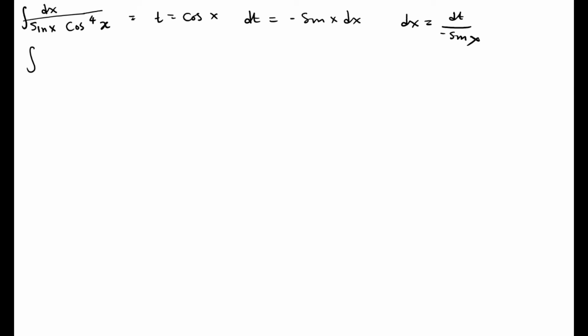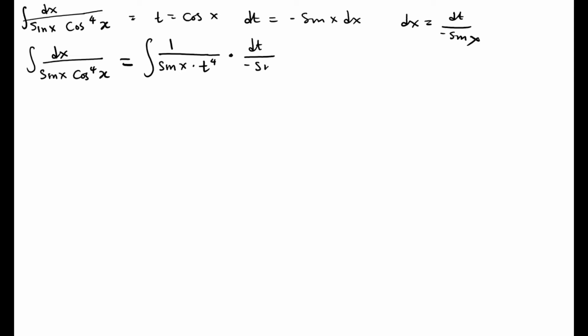So here you have the integral of dx over sine x cos to the power 4 of x. This will give you the integral of 1 over sine x multiplied by t to the power 4, multiplied by dt over minus sine of x. This will give you the integral of dt over negative sine squared x multiplied by t to the power 4.